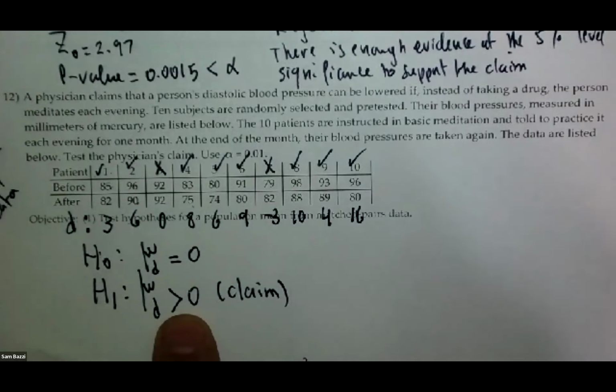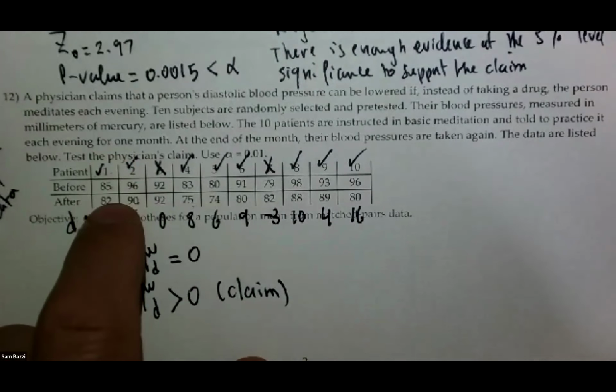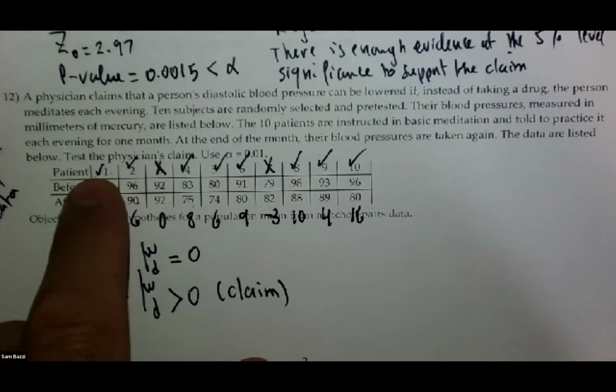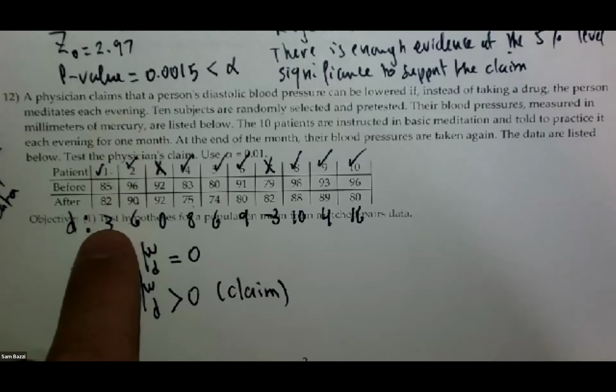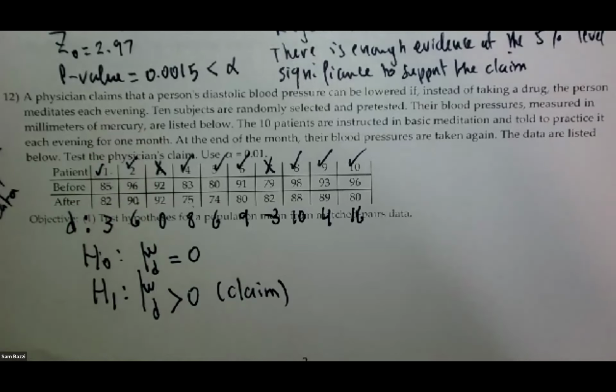Instead of putting greater than 0, they put less than 0, and they end up with the wrong test results. But this is how I would figure it out if I were you guys. Just take one, and see if that difference would work in favor of the claim. If it does, use the sign that you see in the difference. So that's a plus. We should be testing mu of d greater than 0.